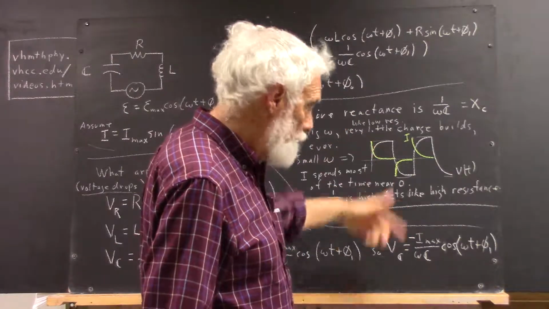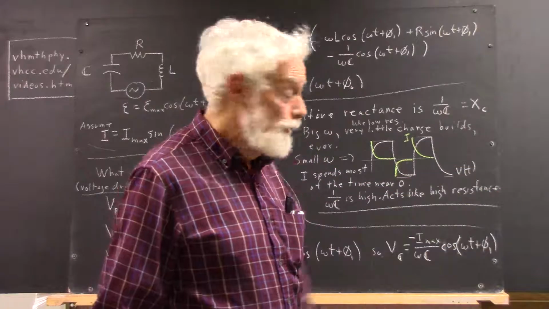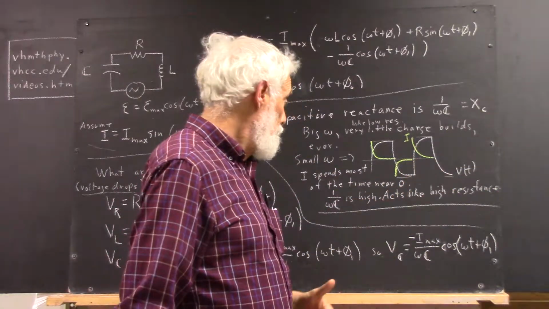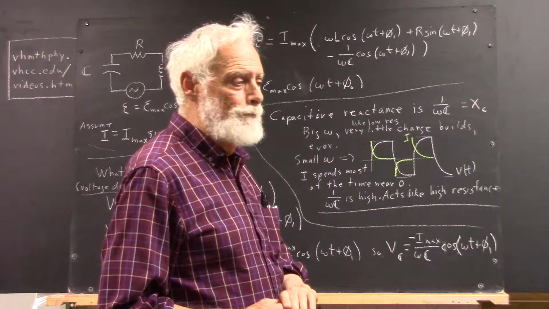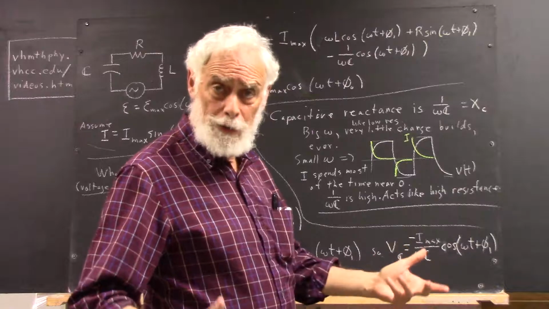Now, this diagram shows a square wave. A sine wave would act a little bit differently, but you still get the idea that if your wave takes a long time, for most of that time you don't have much current.